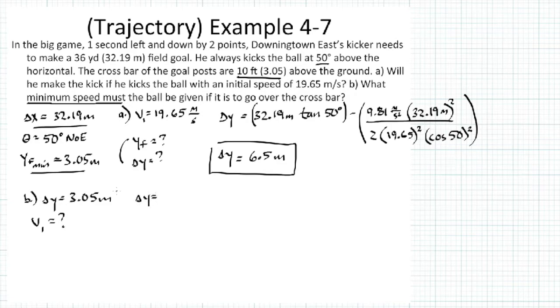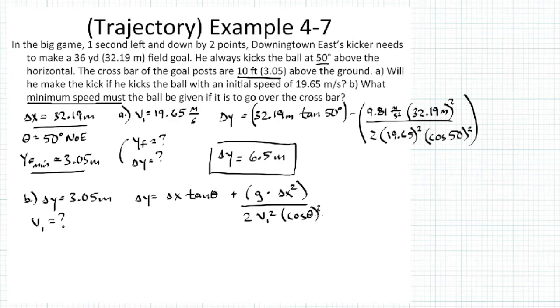Delta y, which we know now, that's our minimum, equals change in x times the tangent of theta plus g times the x displacement squared divided by 2 times initial velocity squared times a cosine of theta squared.